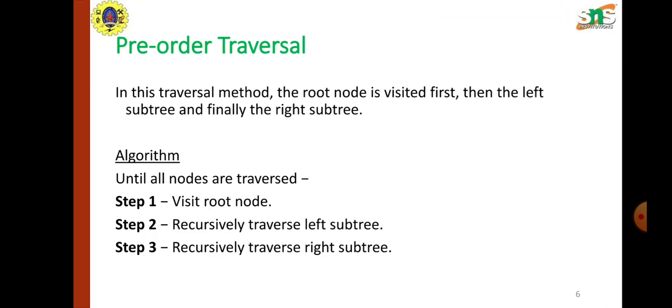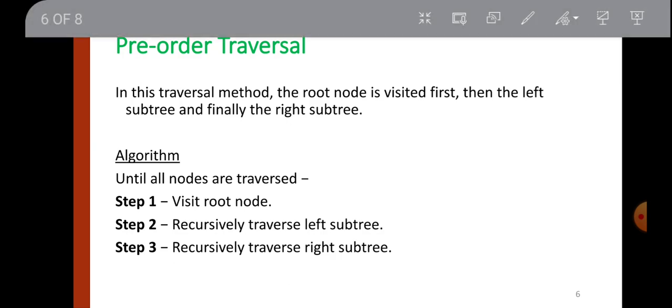Let's see what pre-order traversal is. Pre-order traversal is where the root node is visited first, followed by the left subtree and finally the right subtree. It is given in the algorithm structure as root node first, followed by left subtree and right subtree. These steps will be followed recursively till traversing all the nodes of the tree.